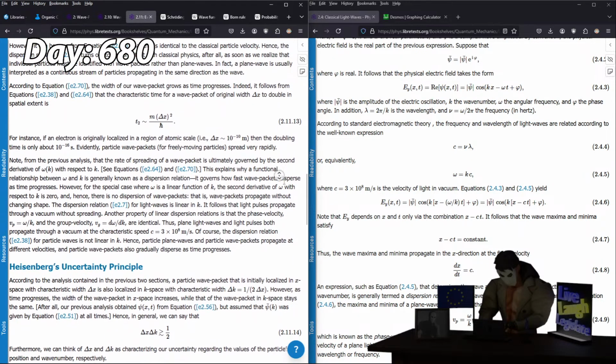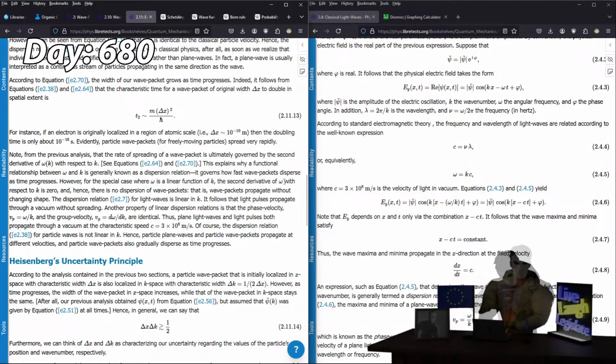Localized in the region of atomic scale, then the doubling. The width of our wave packet grows as time progresses.